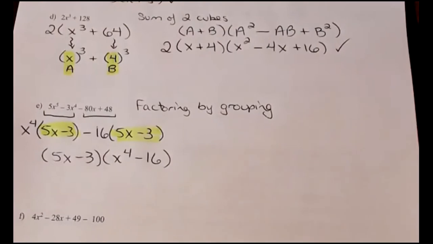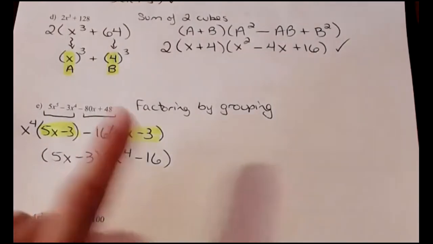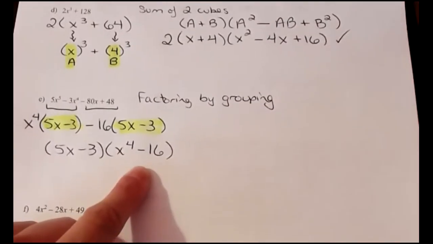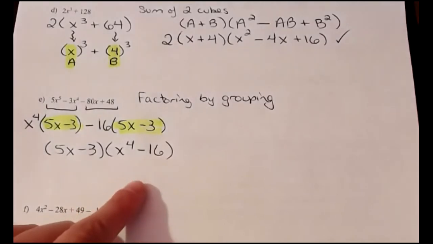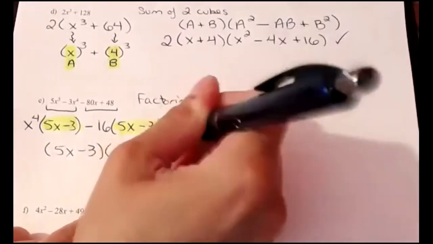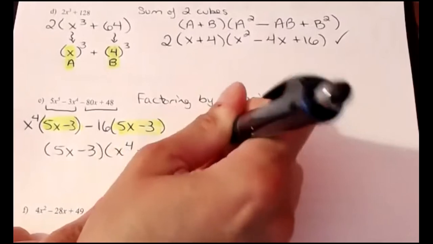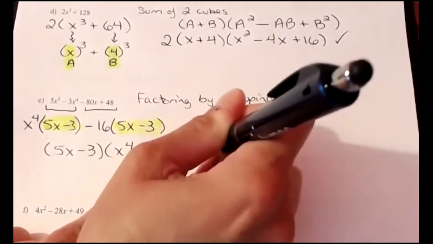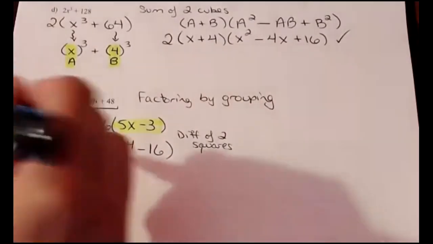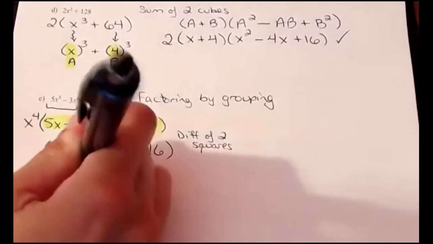Well, I'm not done yet because my eyes are drawn to x to the 4th minus 16. Looking at this particular set of parentheses, I know that I'm going to use the difference of 2 squares, believe it or not. So I'm going to go through that process. So we have 5x minus 3.